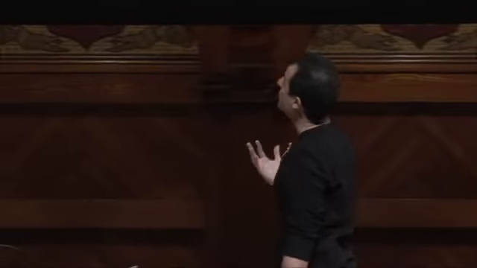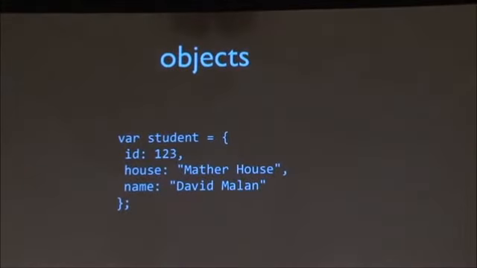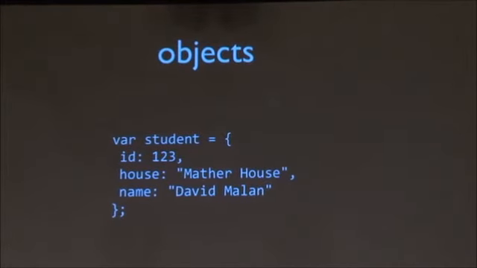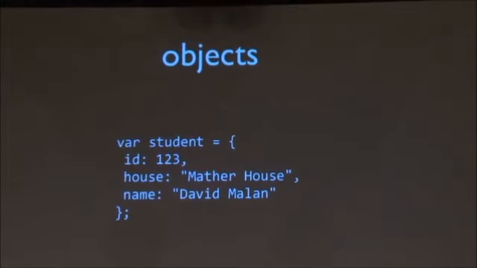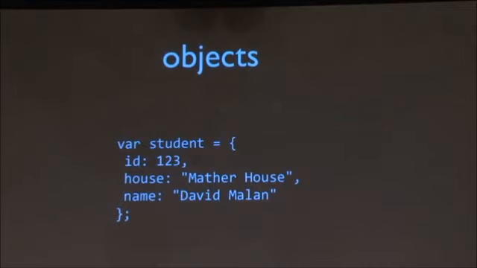If you want an object, think back to C, like a struct, and you want that structure to have 3 fields, let's call it ID and house and name, all you have to do is open this object with a curly brace, close it with a curly brace and semicolon, and then inside of it you can have as many key value pairs as you want, all separated by commas, where the key is to the left of the colon and the value is to the right of the colon.